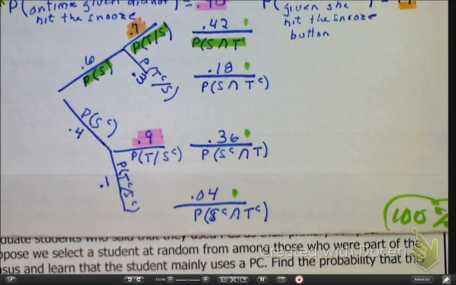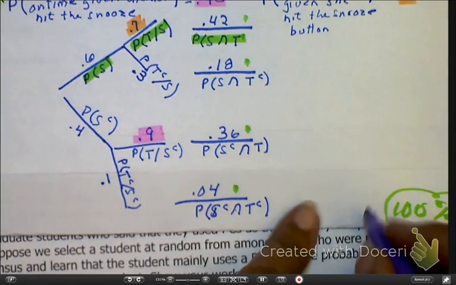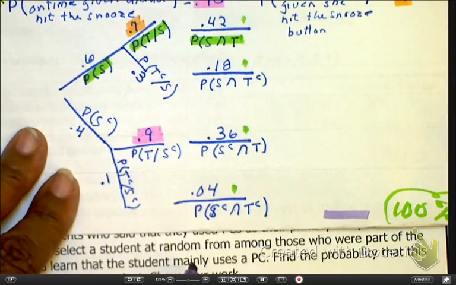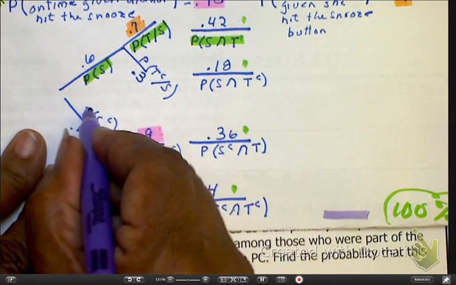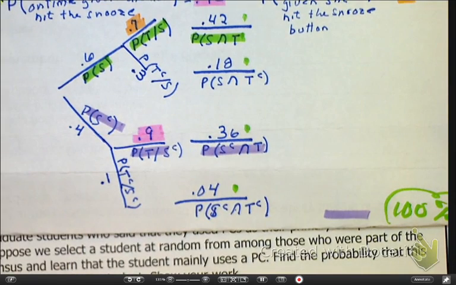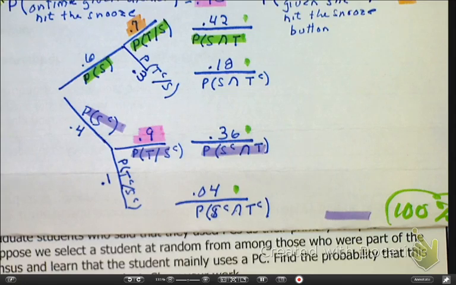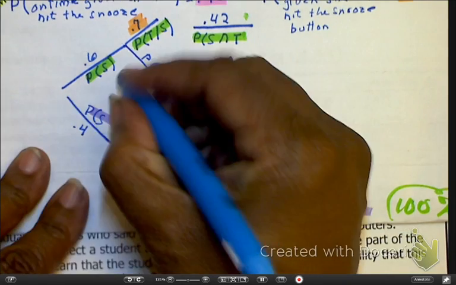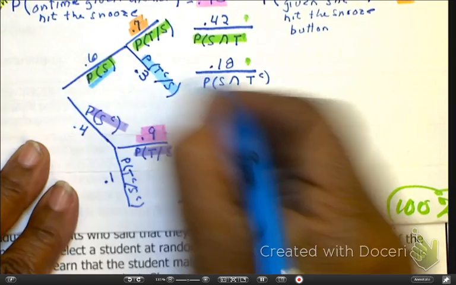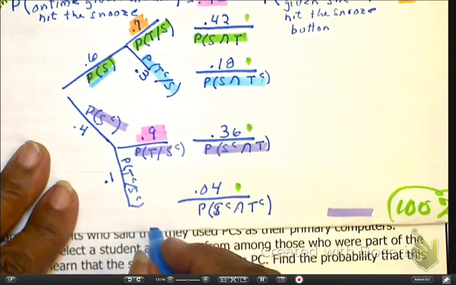I'm running out of colors, people. Let's try the purple. And I'm just going to show this times this gives you that. Now, this times this gives you that.